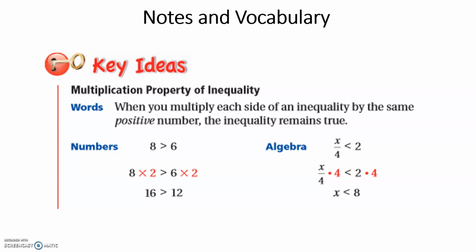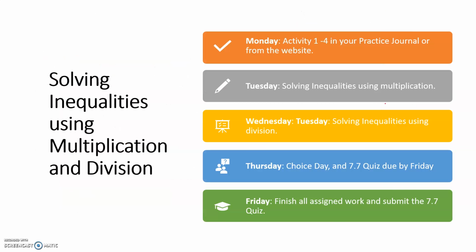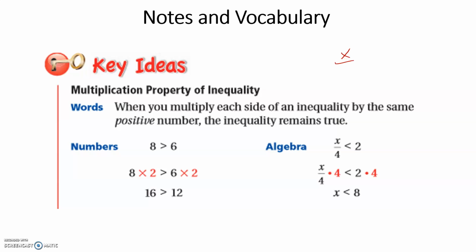That's from equations, but with inequalities it's the exact same thing. We have the multiplication property of inequality and the multiplication inverse property of inequality, but it's really the same thing. If you look at x divided by 4, it's the same as 1/4 x is less than 2, and I'm multiplying by the reciprocal on both sides. 1 times 4 is 1, and 2 times 4 is 8, so x is less than 8.